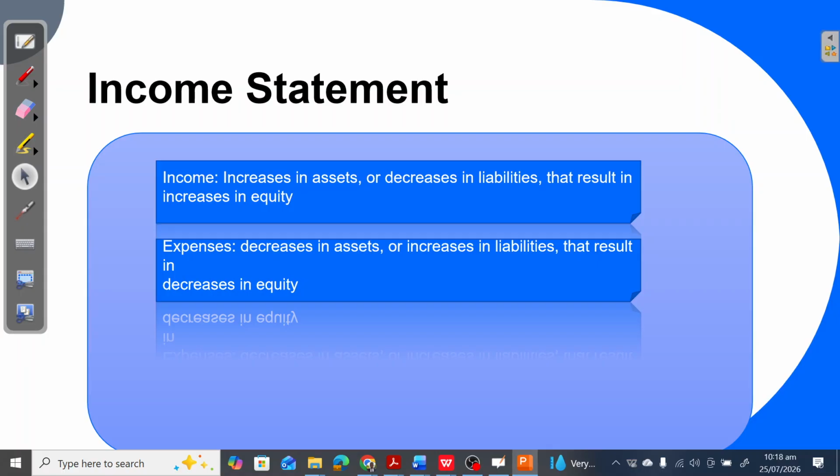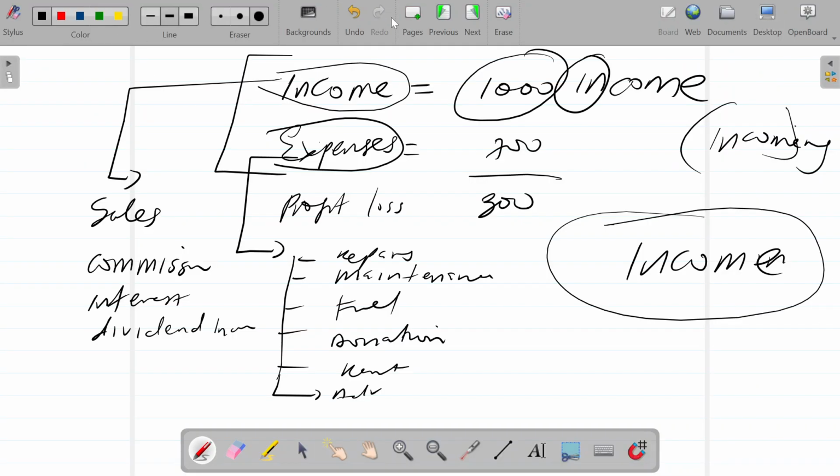But let's look at the formal definition of income. Income refers to anything that increases your assets, or decreases your liabilities. Anything that increases your assets or reduces your liability.